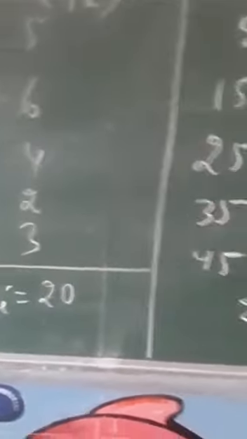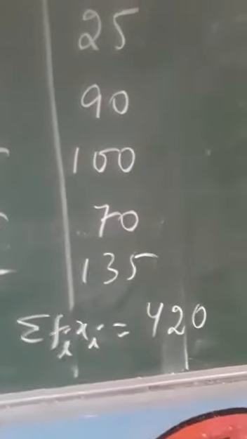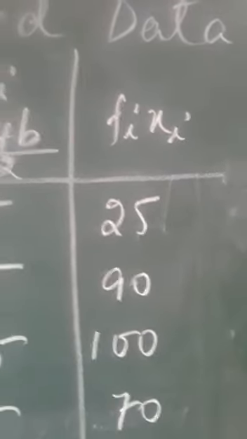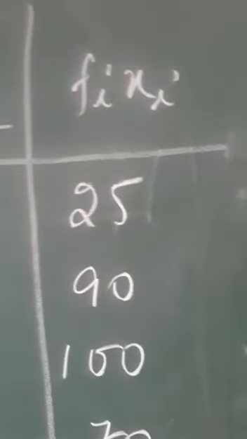The product of 3 and 45 gives 135. These are the values of fi xi, the product of the corresponding frequencies and class marks.